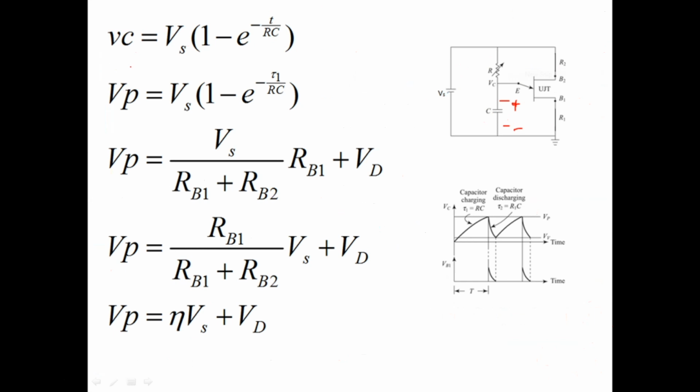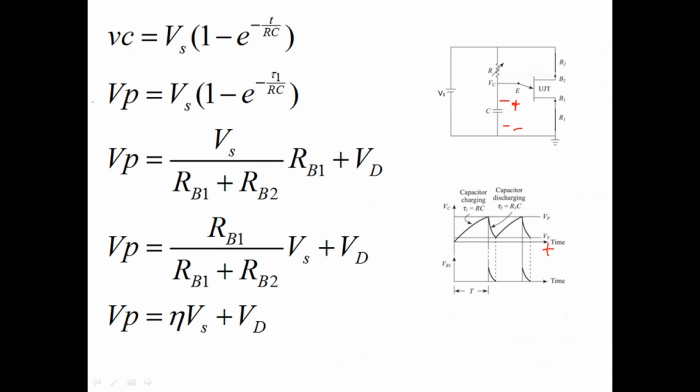I'm using this. Here I have shown that the capacitor reaches V peak at the time from here to here, which I will call tau 1, equal to RC. On this plot, the independent variable is T and the dependent variable is the capacitor voltage. When T takes the value tau 1, the capacitor voltage reaches V peak.